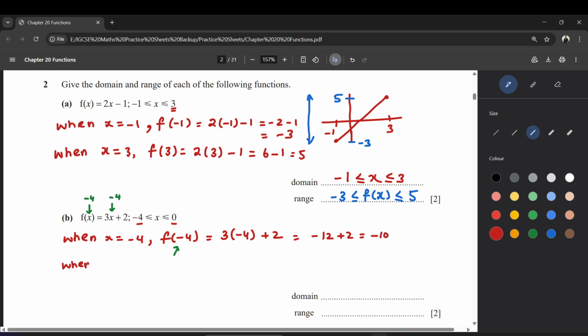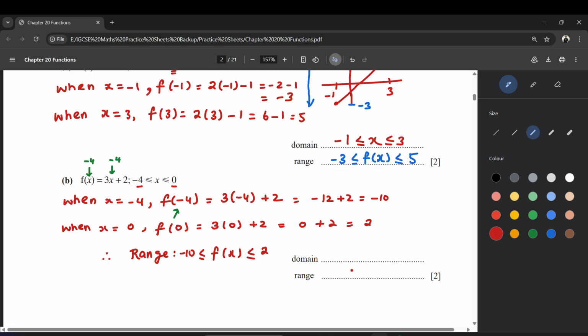The second one is that when x is equal to 0, so f of 0 will be 3 times 0 plus 2. 3 times 0, that is 0 plus 2, which is equal to 2. Therefore, your range will be that f of x is between minus 10 and 2.